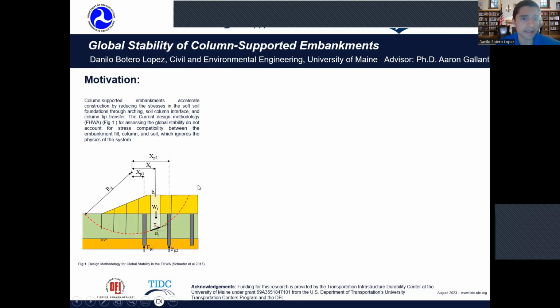But the problem is that normally the FHWA doesn't account for this mechanism and this alleviation of stresses. For example, as you can see, this is the method of slices, where the fill height of each slice is considered the full weight of the fill and also the soil. So this doesn't account for that and ignores the physics of the system.